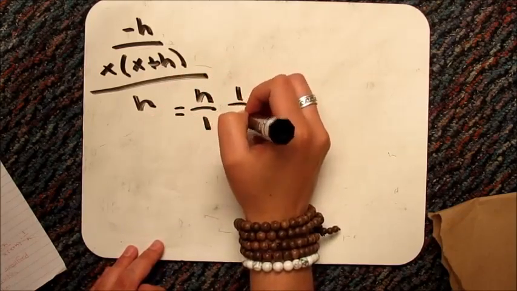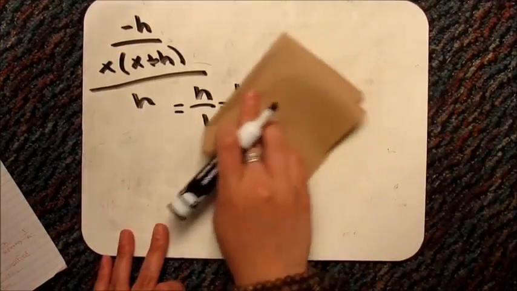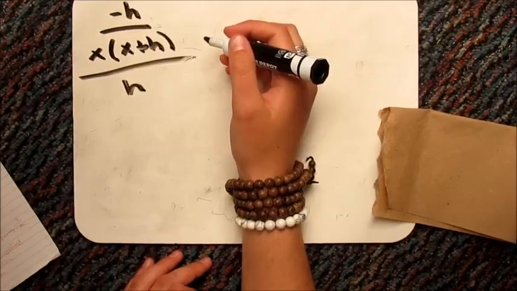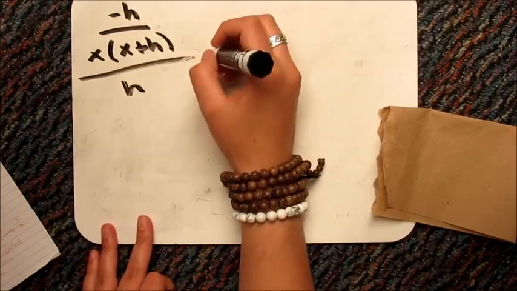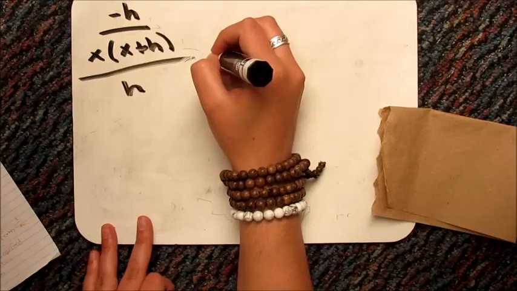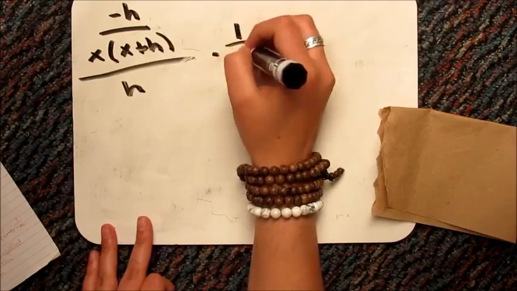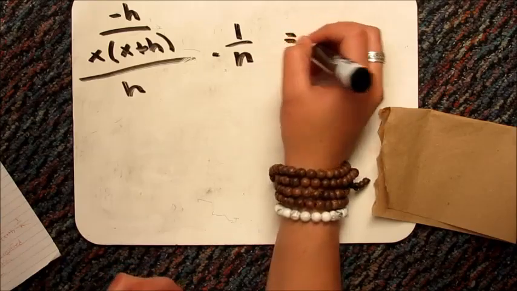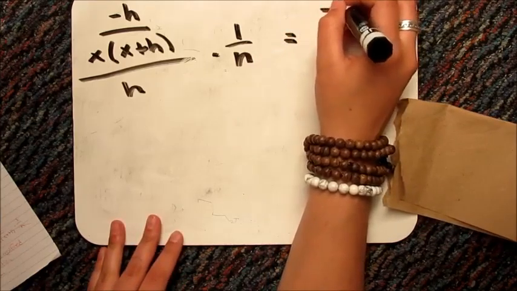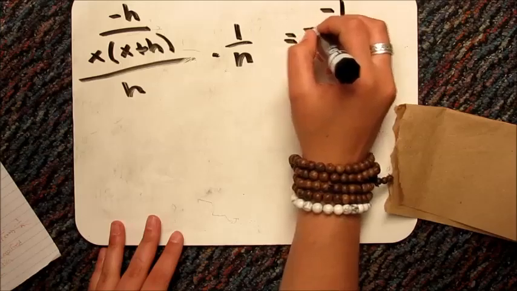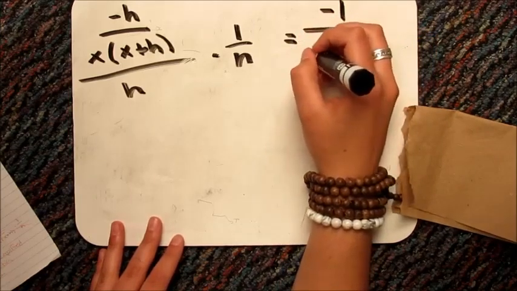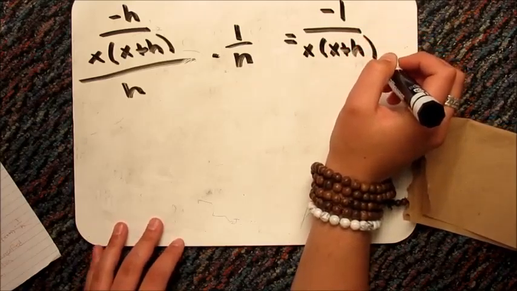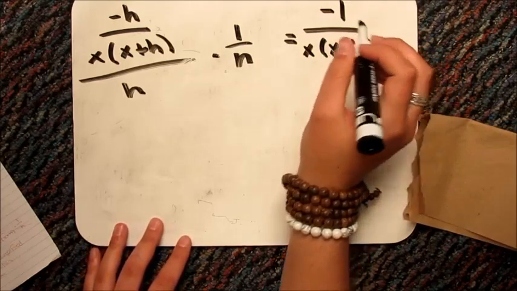So we want to multiply by 1 over h. And then the h's cancel. And so what we're ending up with is negative 1 over x times x plus h. And that's our simplified function.